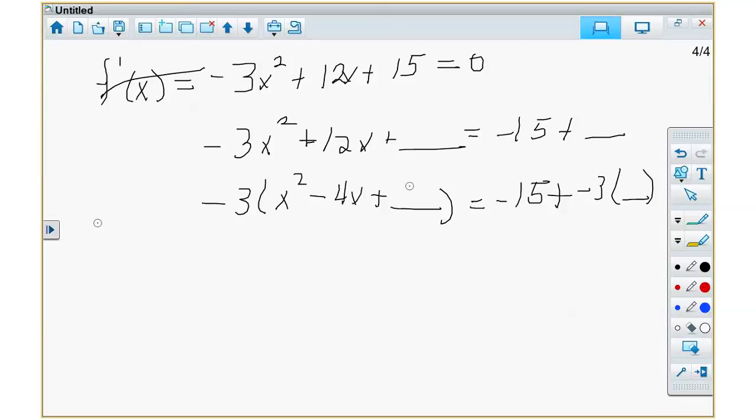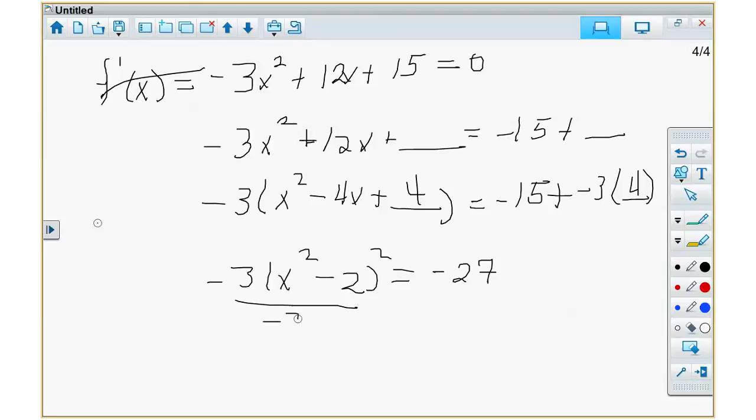Half of 4 is 2. 2 squared is 4. So negative 3 times x minus 2 quantity squared is equal to negative 15 minus 12, which is negative 27. Divide by negative 3.